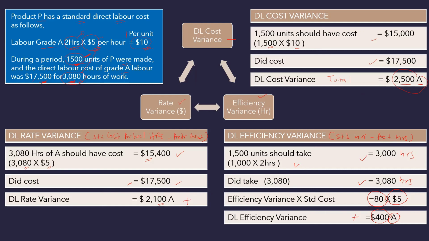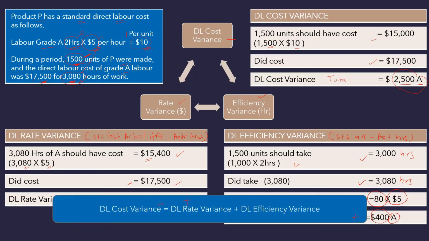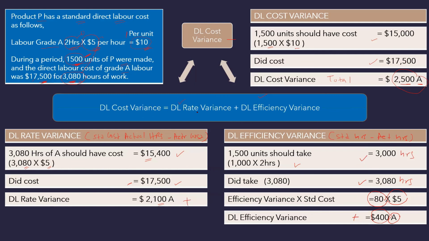So to calculate direct labor cost variance, that consists of the rate variance and efficiency variance. As I told you earlier, if you are given the idle time hours, the idle time hours should be deducted from the hours taken. Then we calculate the efficiency variance, and idle time variance has to be added separately. For example, let's say the idle time is 100 hours.